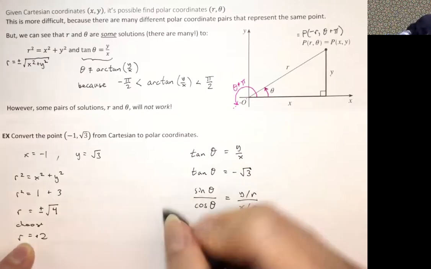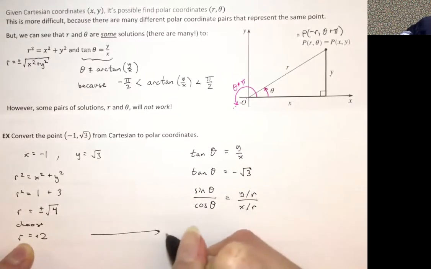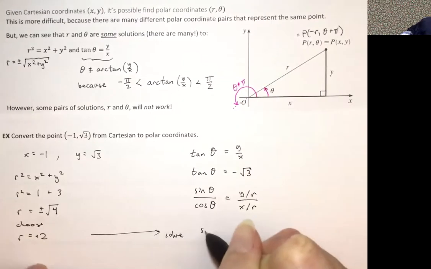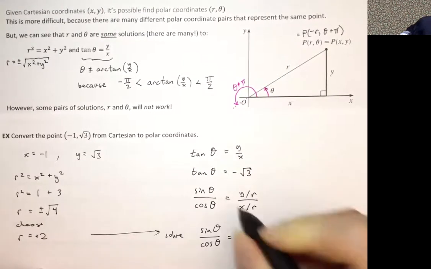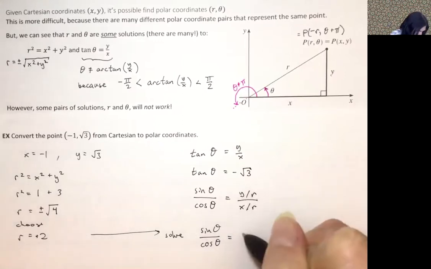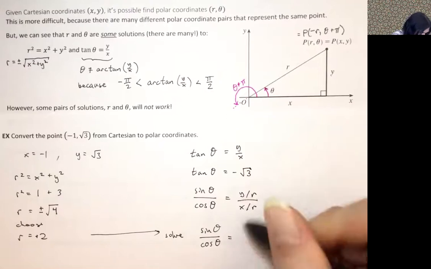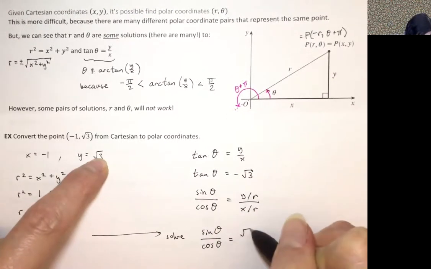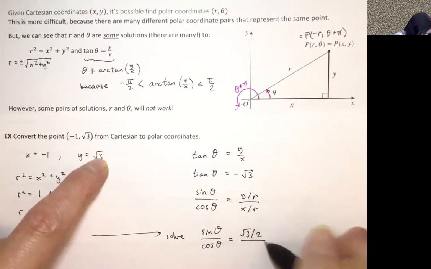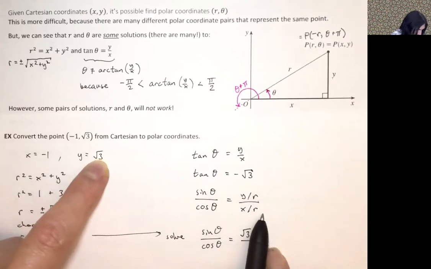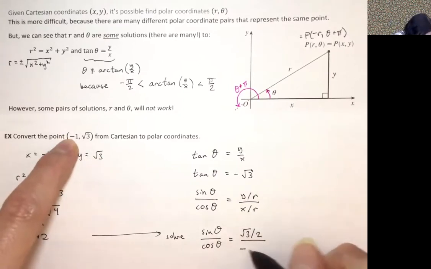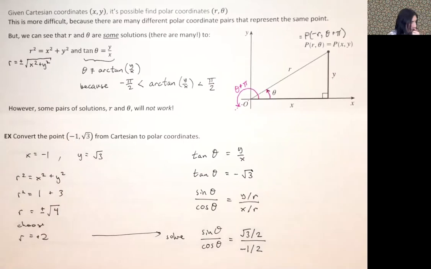Okay, so from here we want to solve sine theta over cosine theta equal to the y value over r being √3 over 2, and the x value over r being -1 over 2.